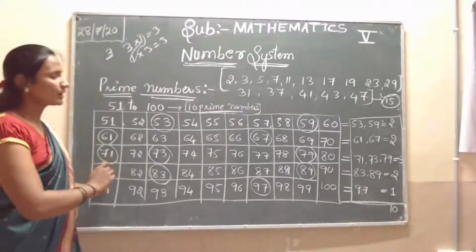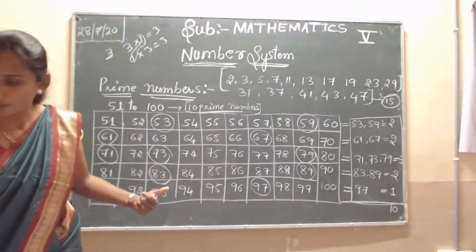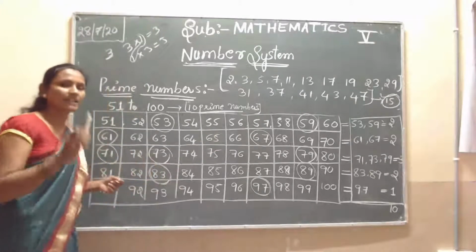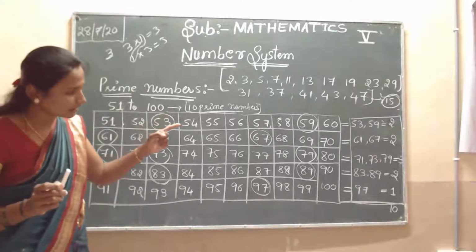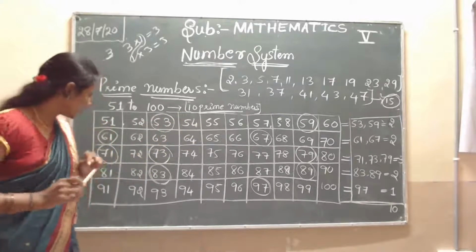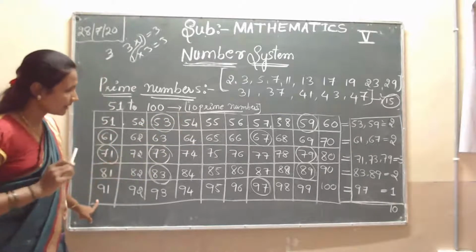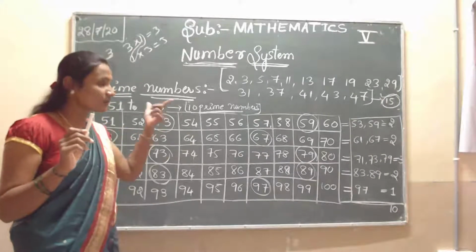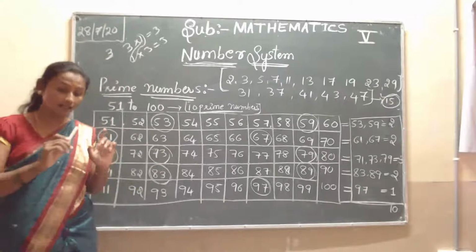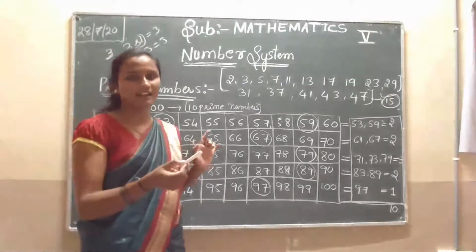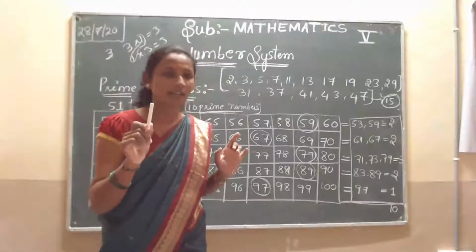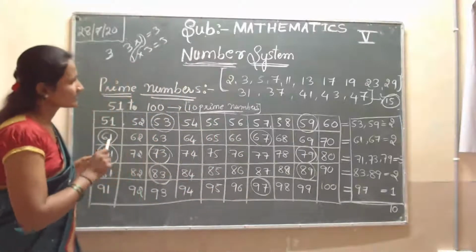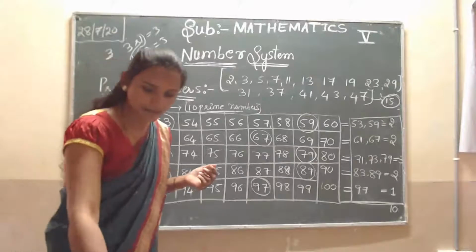Between 81 and 90 there are 2 prime numbers, 83 and 89. Between 91 and 100 there is only 1 prime number, that is 97. Yes, note this down, children.